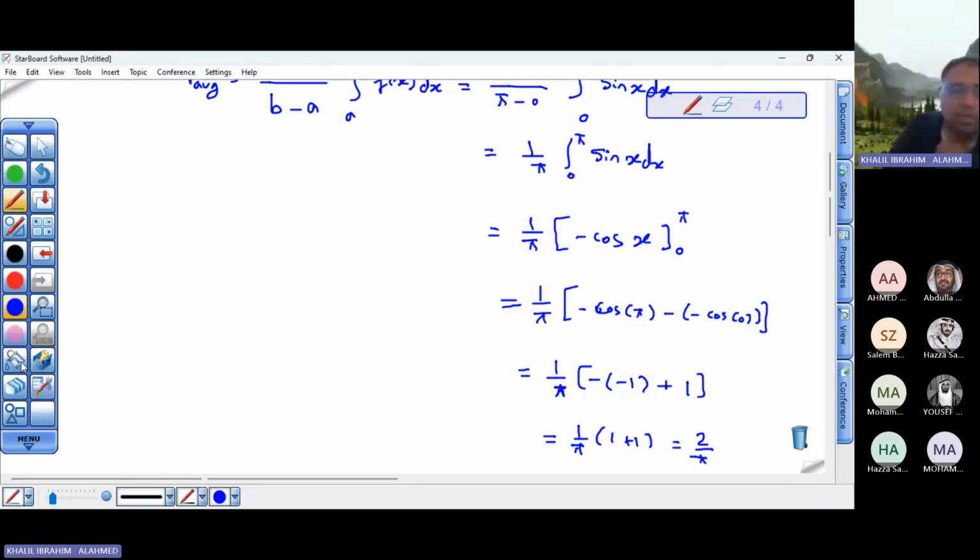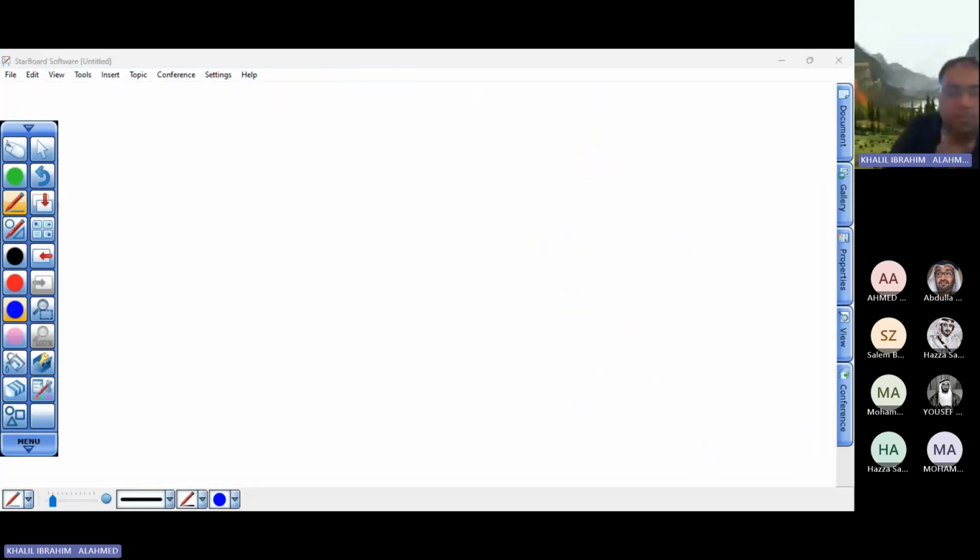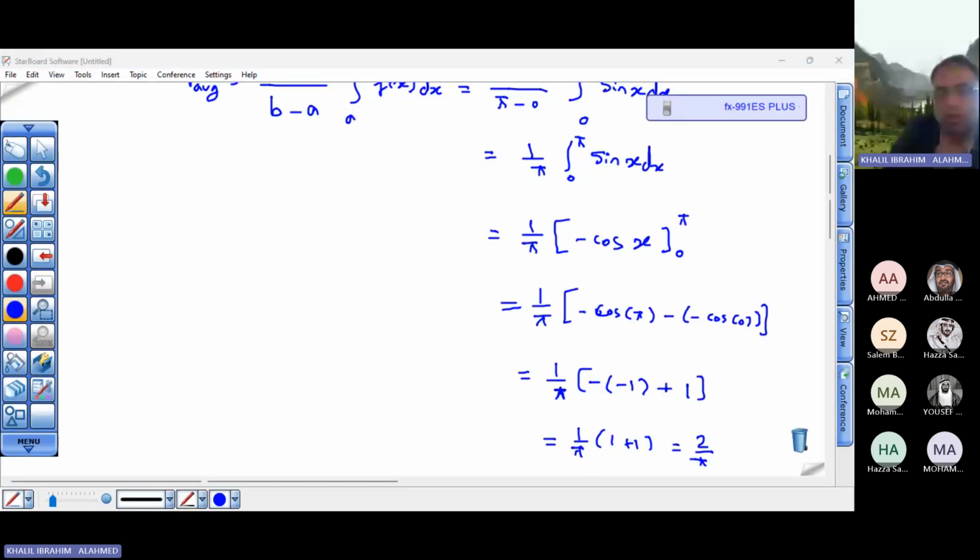Maybe you can check your answer by using a calculator. This is 1 over pi, integral of sine x from 0 to pi.